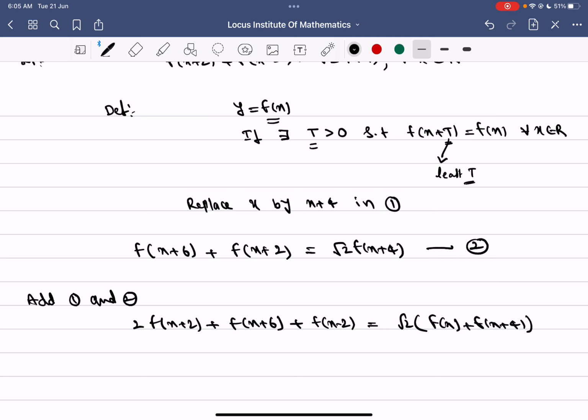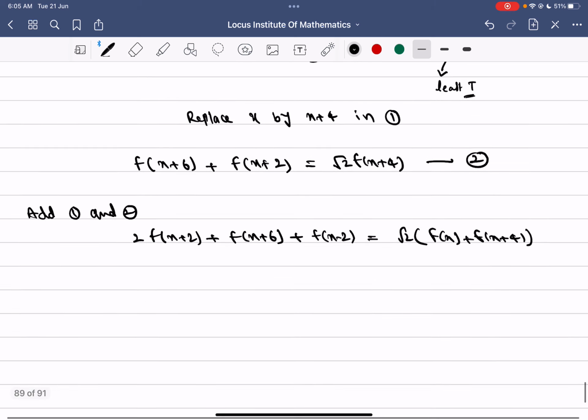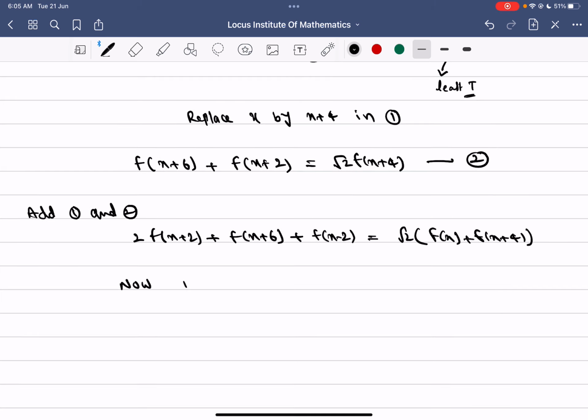So now in the first relation, replace x by x plus 2.